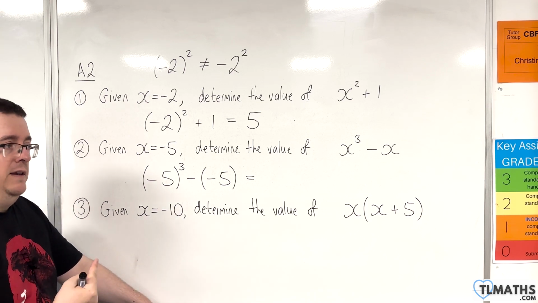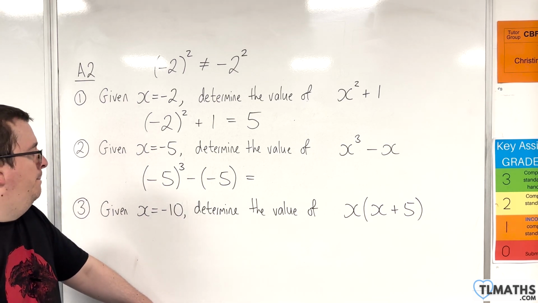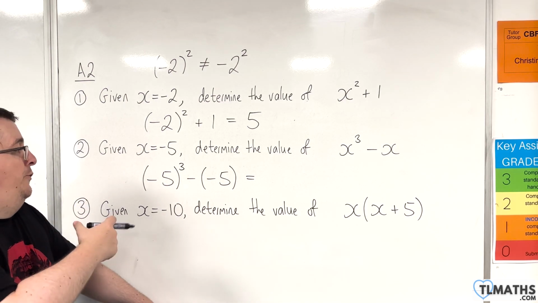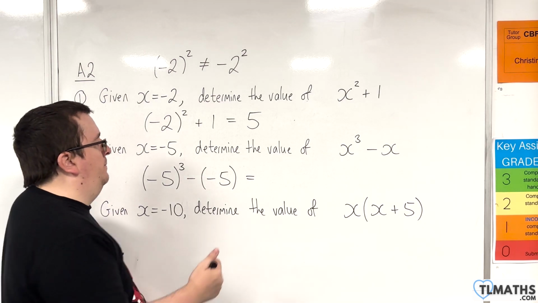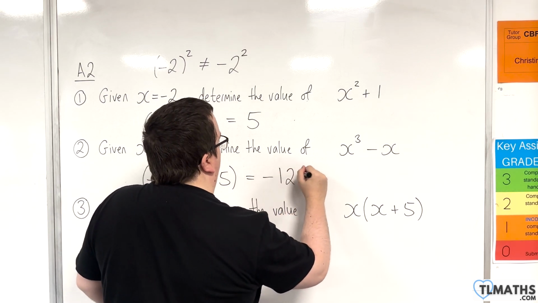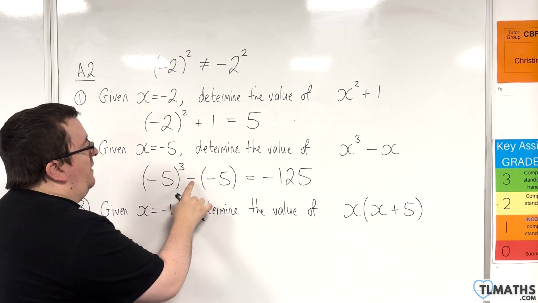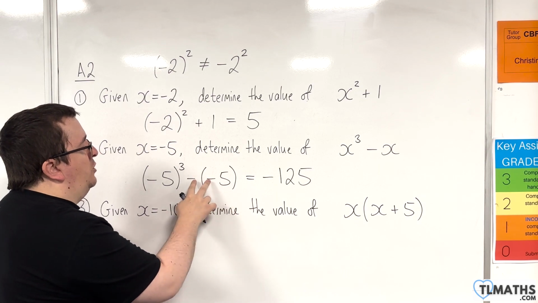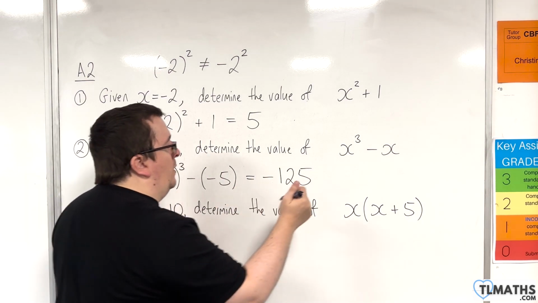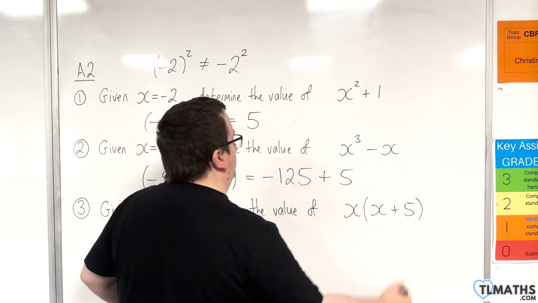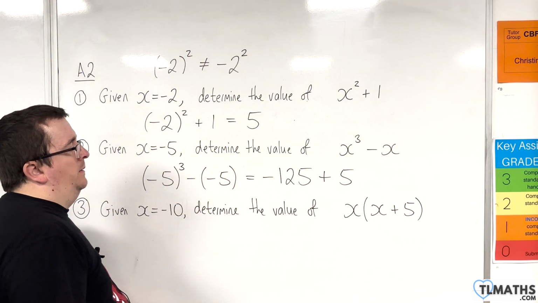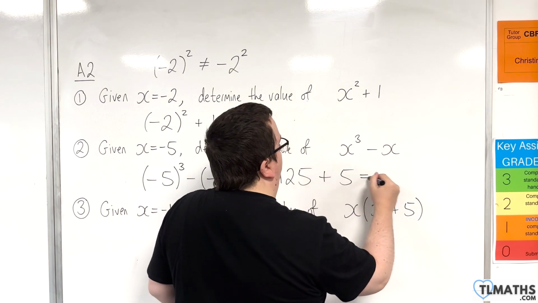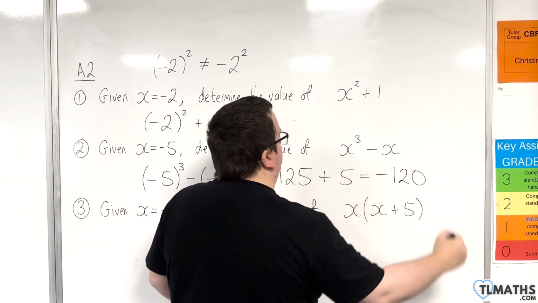So it's one of your cubic numbers that you should try and remember. So 5 cubed is 125, minus 5 cubed is minus 125. And then we have take away minus 5. And so because you've got the two minus signs there, we add 5. So minus 125 plus 5 is minus 120.